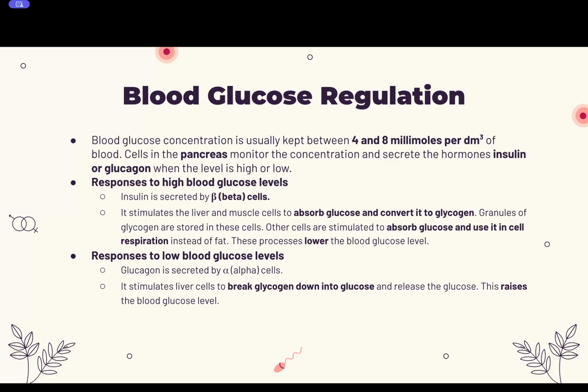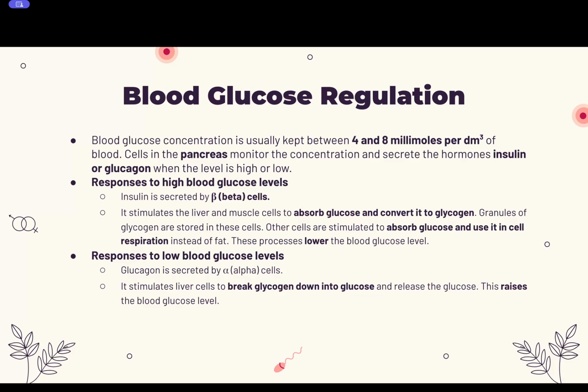So instead of fat, insulin will trigger the cells to absorb glucose. Both of these processes together will lower the overall blood glucose level. For example, if you've just eaten something and your blood glucose concentration goes to like 10 millimoles per decimeter cube, these processes will bring it back down to the range of 4 to 8.